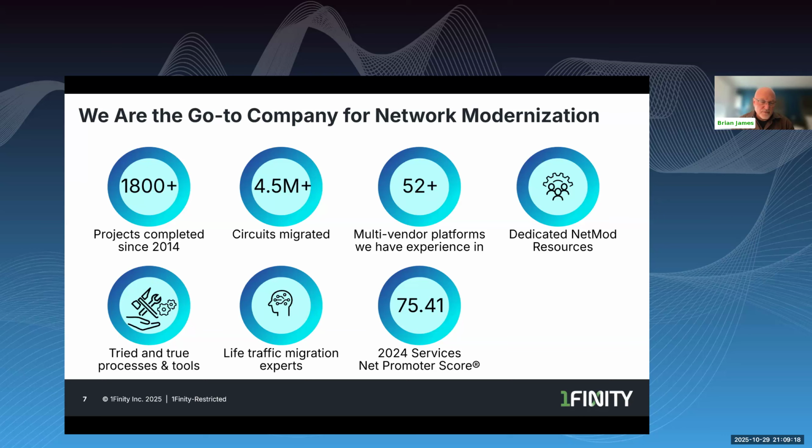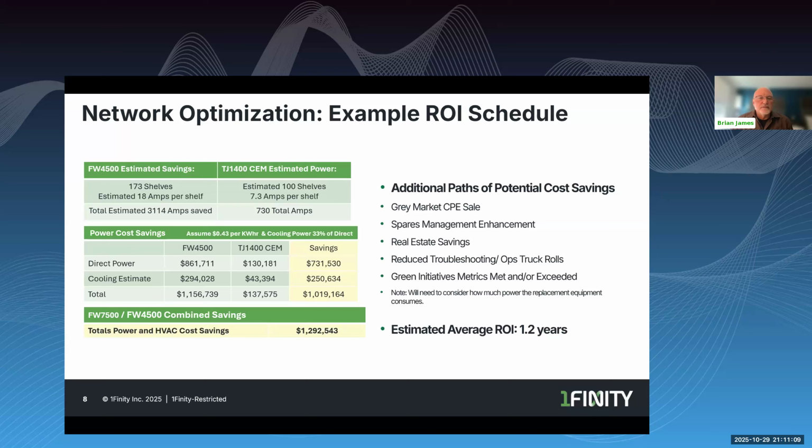And just to wrap up with one example of network optimization that we have done for a client, it was with our FlashWave 4500 gear, the Fujitsu FlashWave 4500, and using the Tejas 1400 CEM equipment. You can see here we had 173 shelves that we were removing, and about 18 amps per shelf.